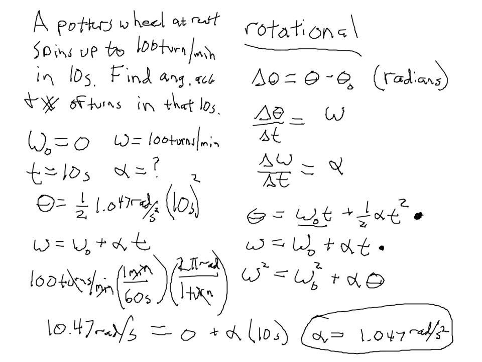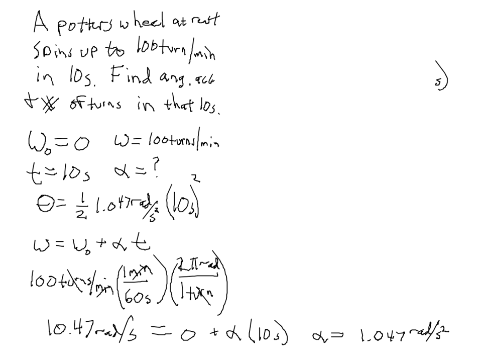So I need to take the 1.047, and we will divide it by 2, and multiply by 10 squared, which is 100, and you get 52.3 radians. Okay, this is 52.3 radians.